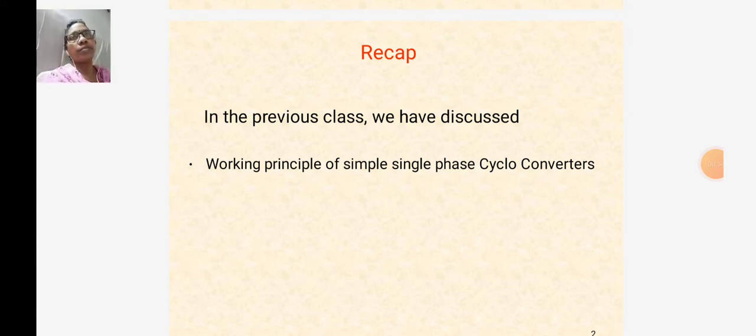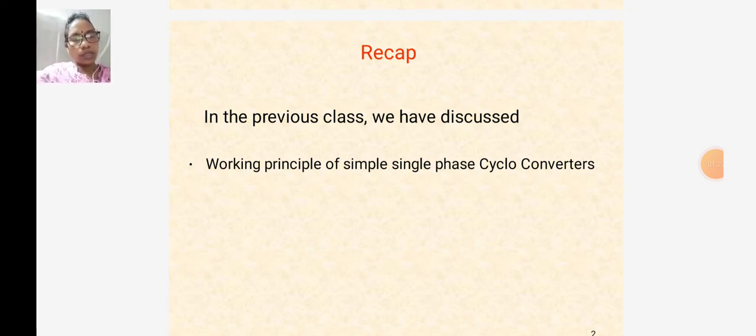Briefly, what is a cycloconverter? A device which converts input power at one frequency to output power at a different frequency with one stage conversion is called a cycloconverter.